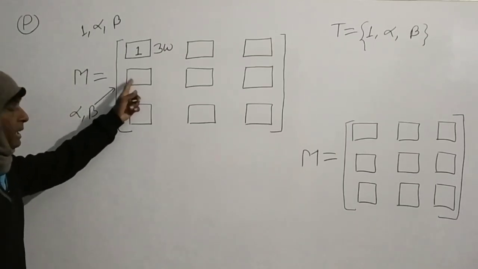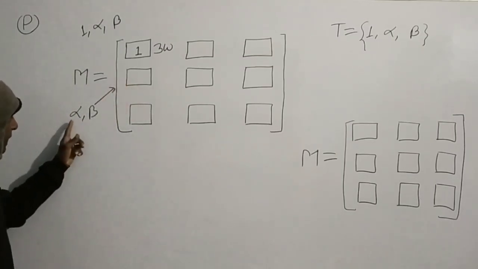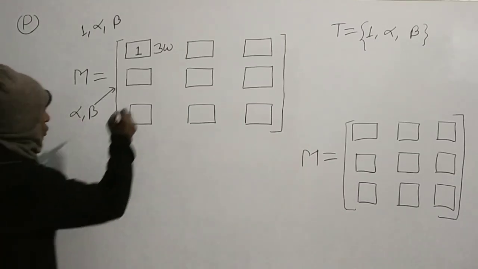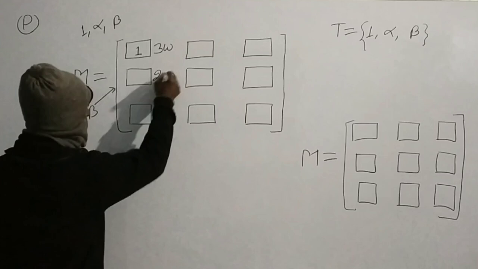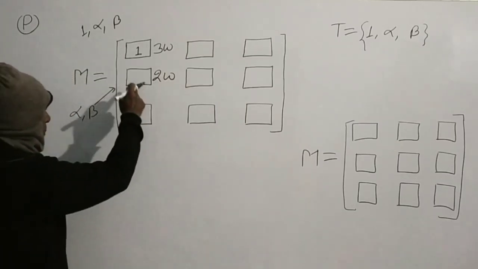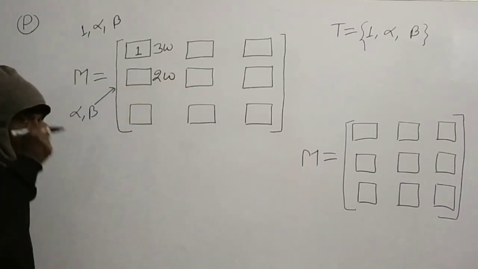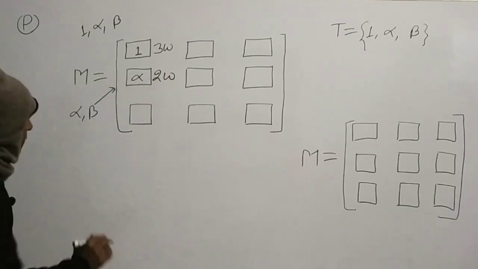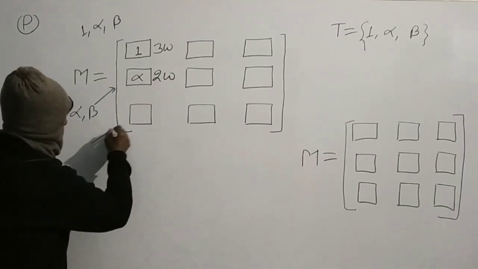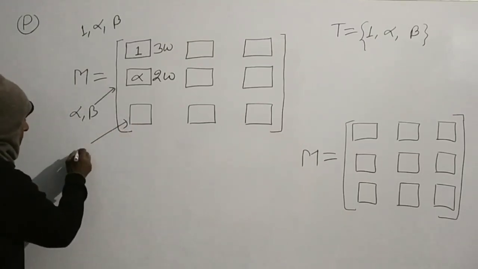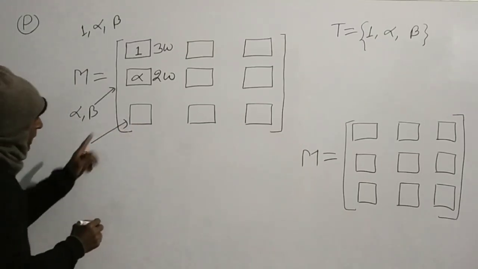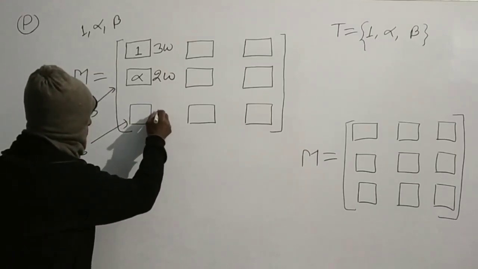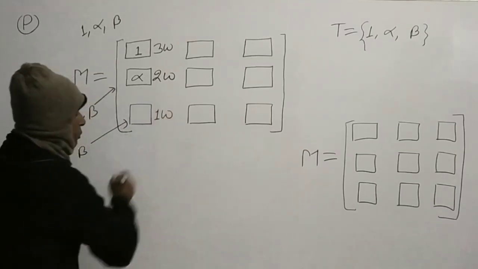Therefore, this place can be filled by any one of these two elements, that means in two ways. Suppose we fill this place in any one way by alpha. Now there is left only one element, beta, which can be filled in this place. Therefore, the number of ways to fill up this place is 1.